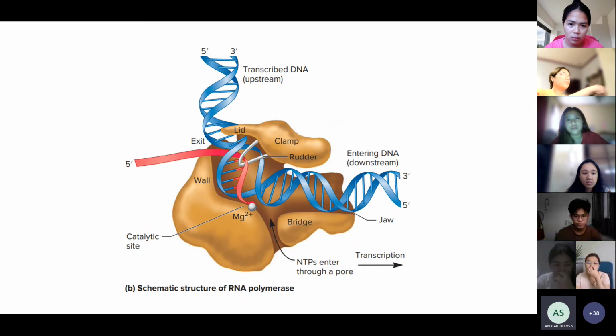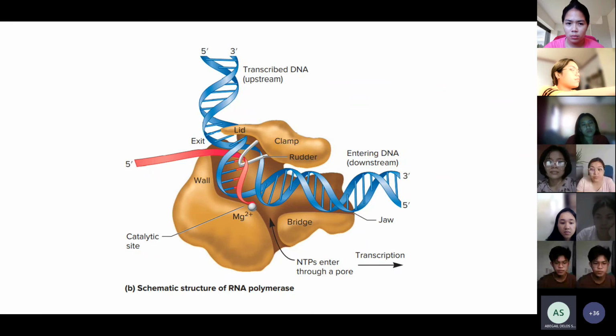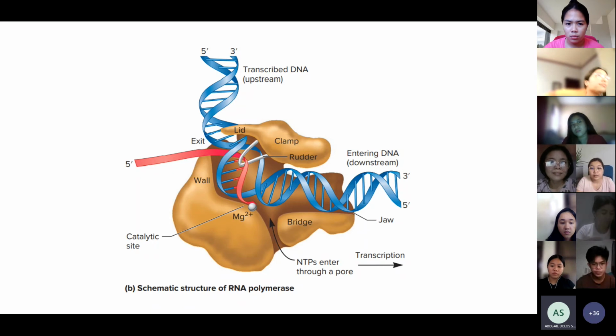So basically the process is just the same here. The wall in the enzyme forces the bend, and the magnesium that can be found in the catalytic site, and your NTPs will also enter the catalytic site via the pore. So this is our pore.